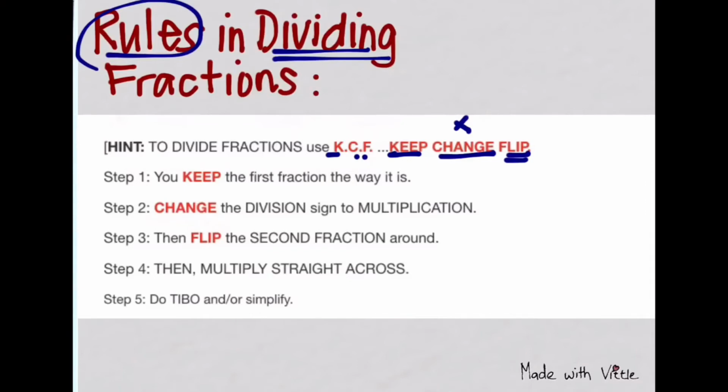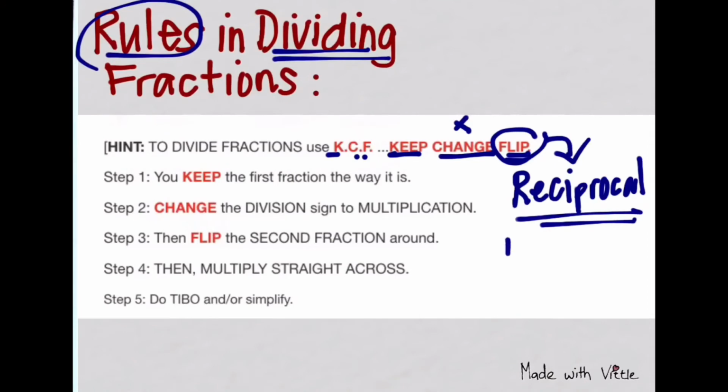When you say flip, that means reciprocal. Like for example, if the next number is 1 over 4, if you flip that, that's going to be 4 over 1. Or for example, I have 5 wholes, and there's a 1 at the bottom of that. If you flip that around, then that's going to be written as 1 over 5.